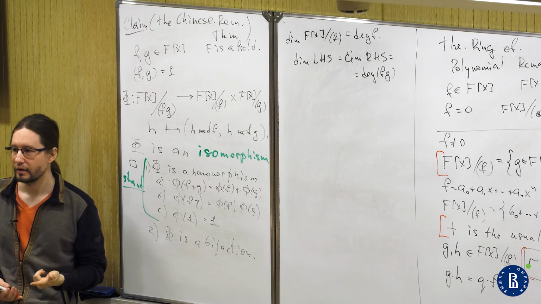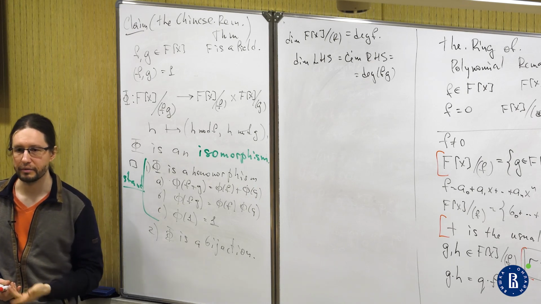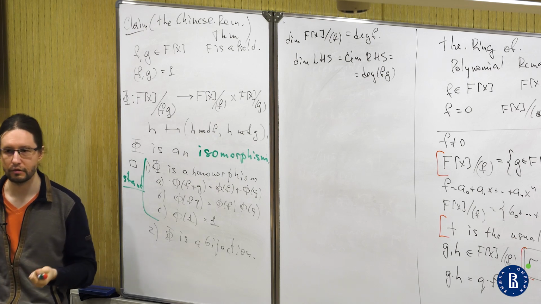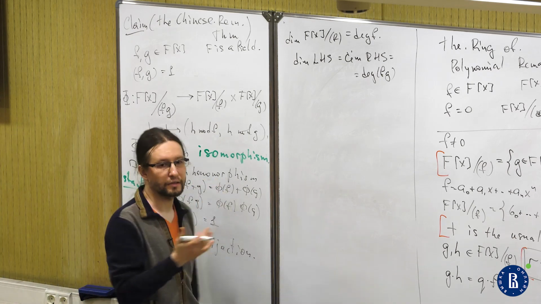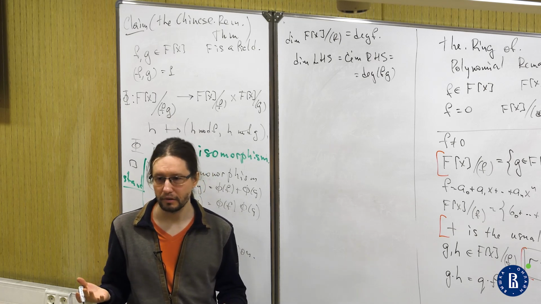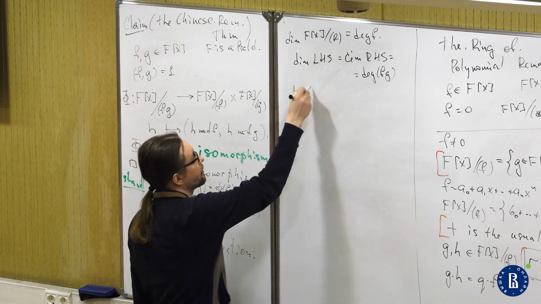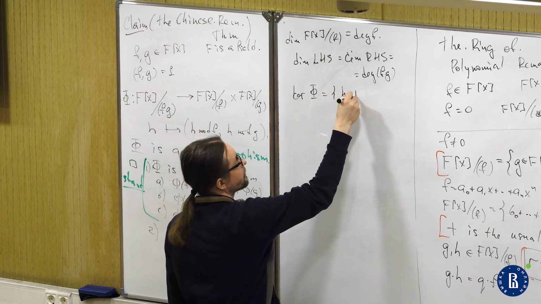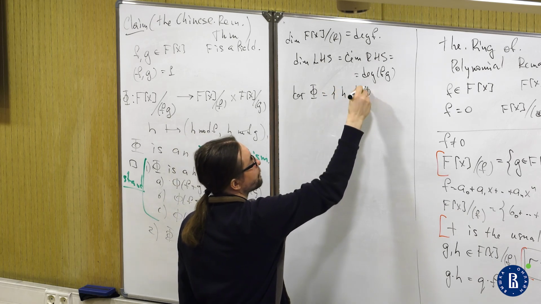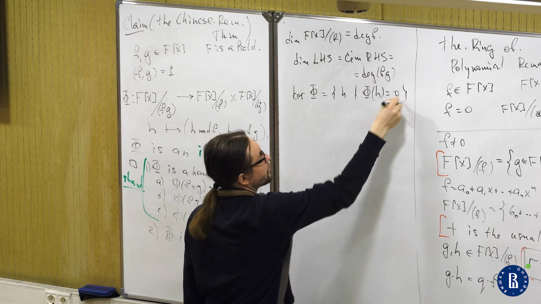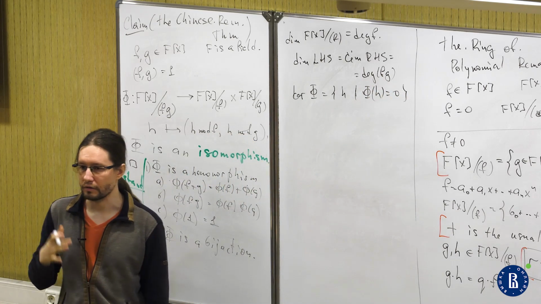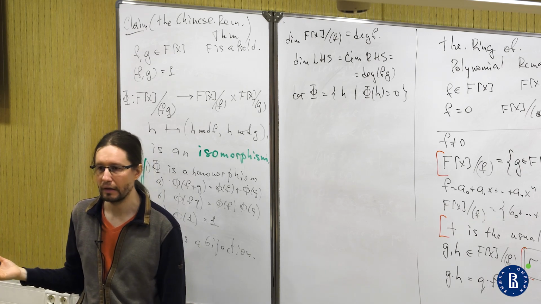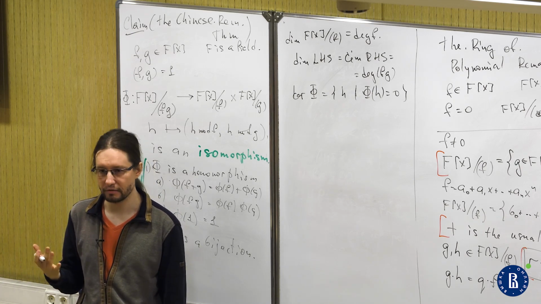How to check that a linear map is injective? We need to compute its kernel. The kernel of phi is the set of elements h such that phi of h gives you 0. If the kernel is 0, which means it consists of the 0 element only, then the map is injective.